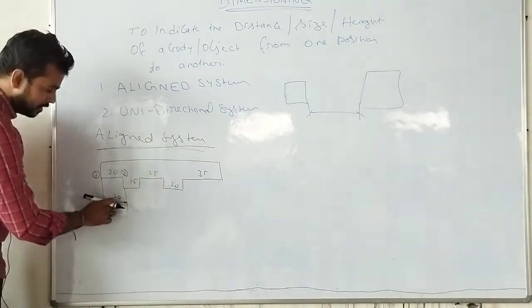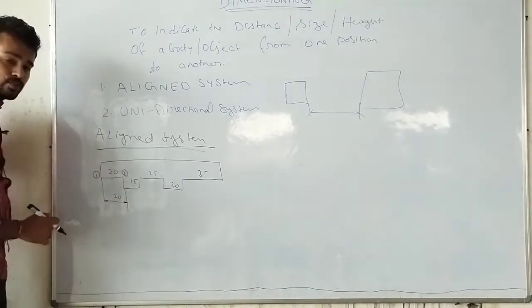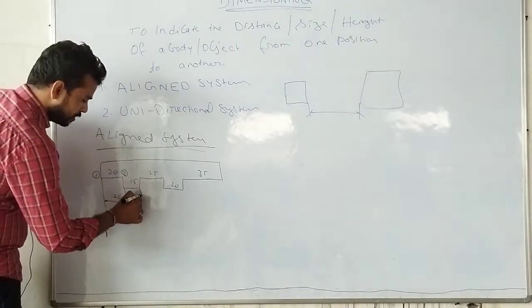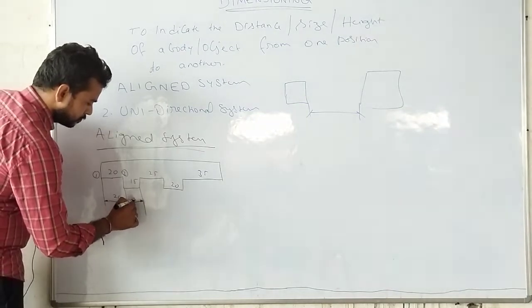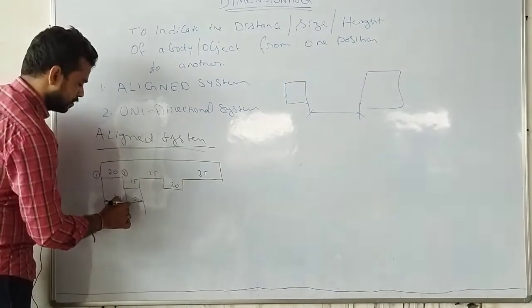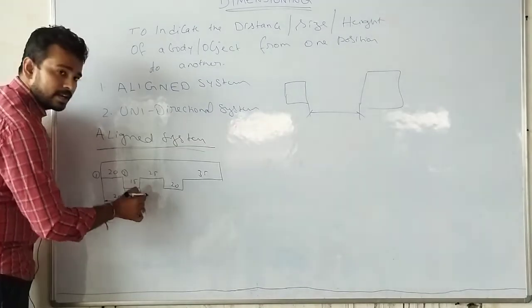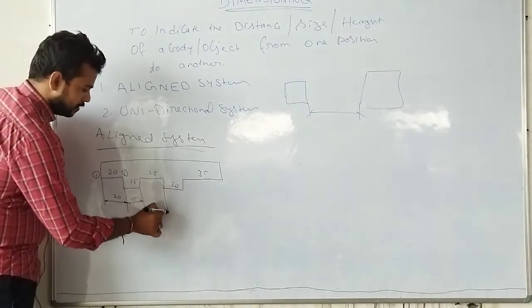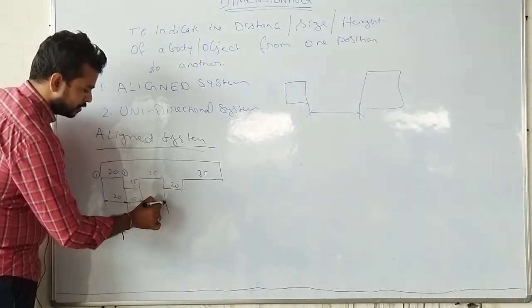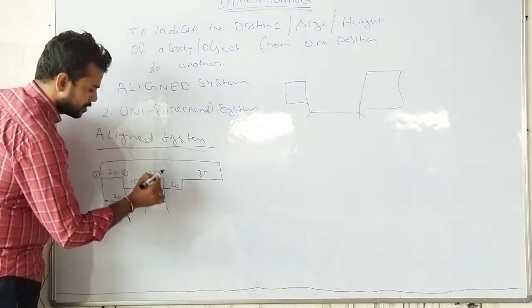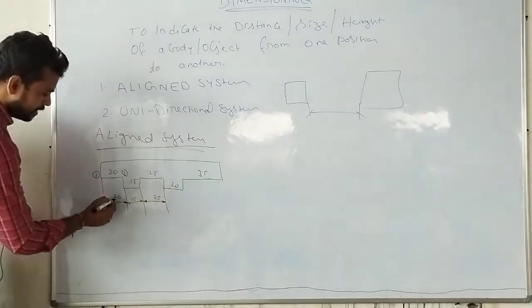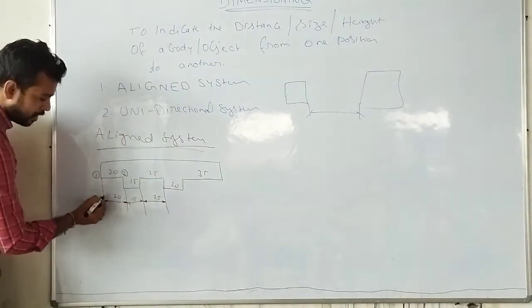Here you will indicate 20. This is 50. Extension line and dimensioning line. Here also extension line.